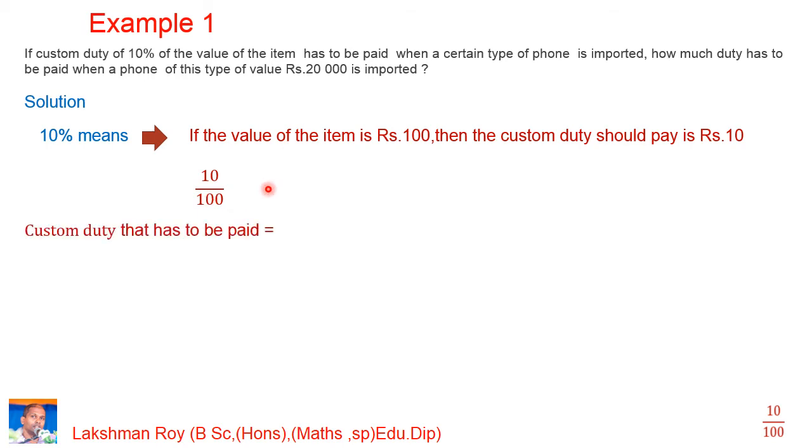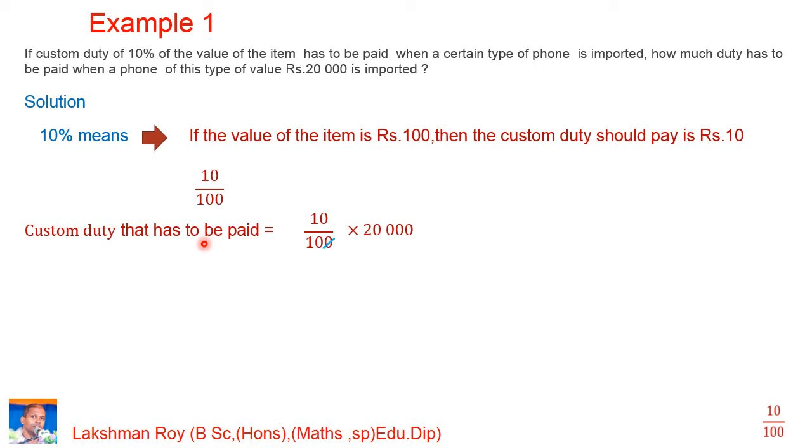Now let's go to our question. The custom duty that has to be paid for 20,000 rupees as the value, we should find using 10%. This is the amount you have to pay. If the value of the item is 100 rupees, then you have to multiply by 20,000 rupees.